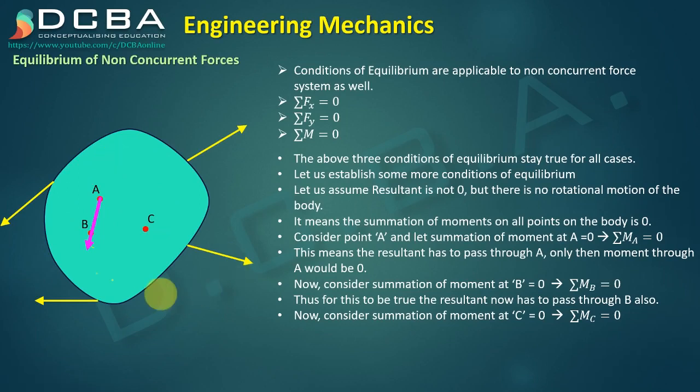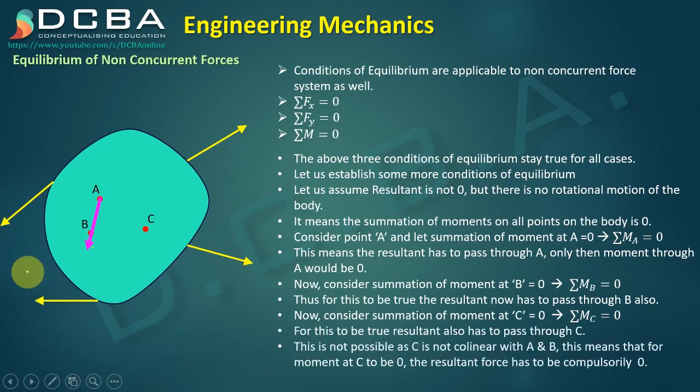If C was collinear with A and B, then definitely we could have said that okay, the resultant passes through C, but C is non-collinear, and therefore for sure our resultant cannot pass through C, therefore the resultant has to be equal to 0. Compulsorily the resultant has to be equal to 0, because it cannot pass through A, B and C. Therefore there has to be no resultant at all for moment at A, B and C to be equal to 0.